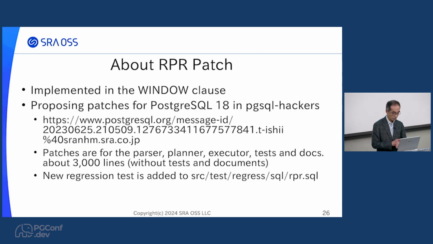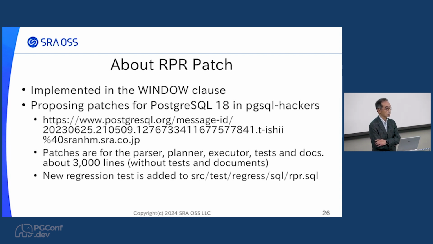Next, I'm going to talk about the actual RPR patches. As I already said, this is implemented in the window clause. This one is proposed targeting Postgres 18 for now, and you can see the URL here.